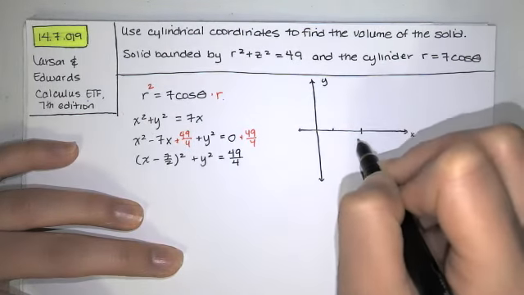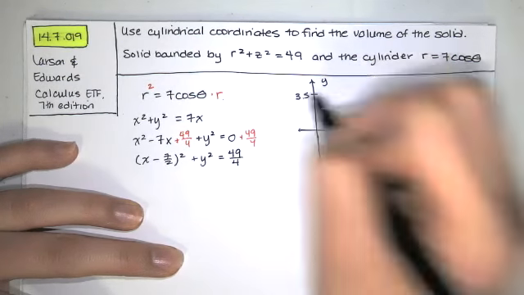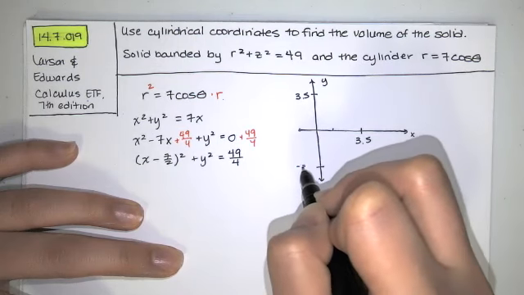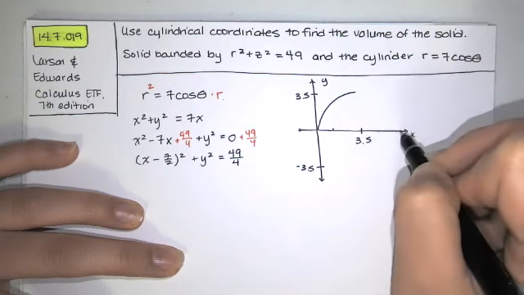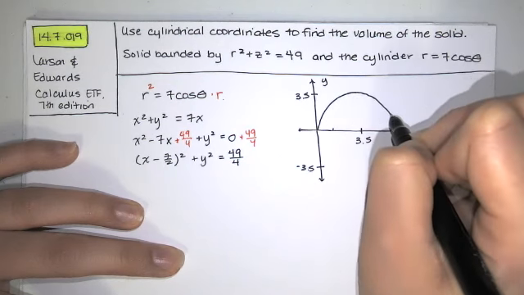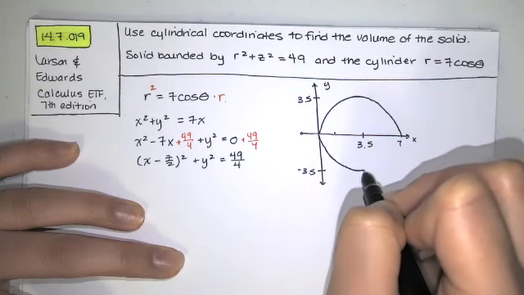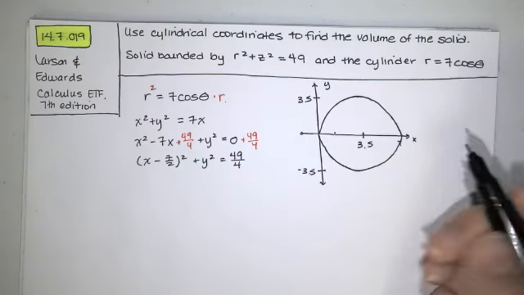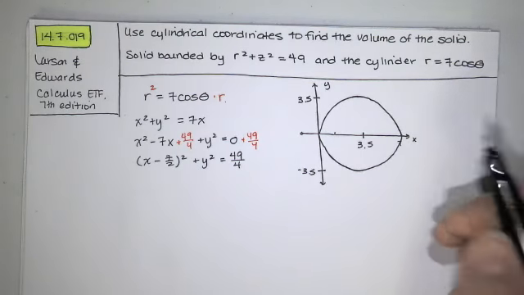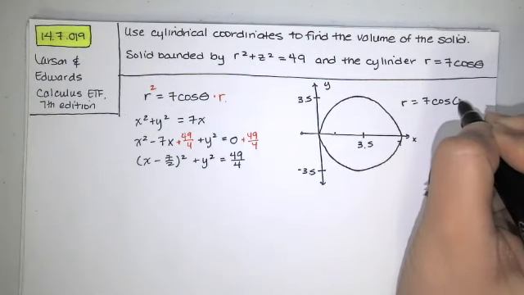I'll just put that 3.5 right there. I'll try to keep it to scale, but I'm not going to add all the extra tick marks. Not bad. It's close to a circle, but not quite. So that's approximately our circle, and it's given by r equals 7 cosine of theta.